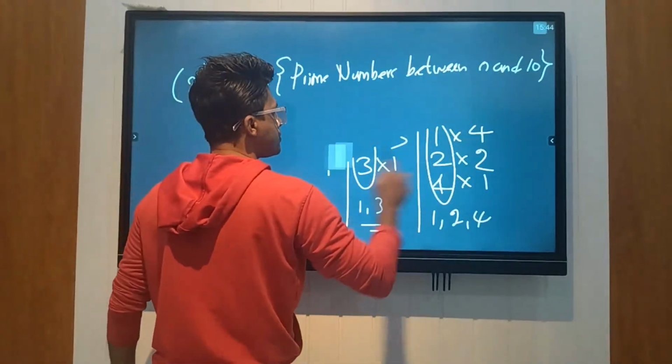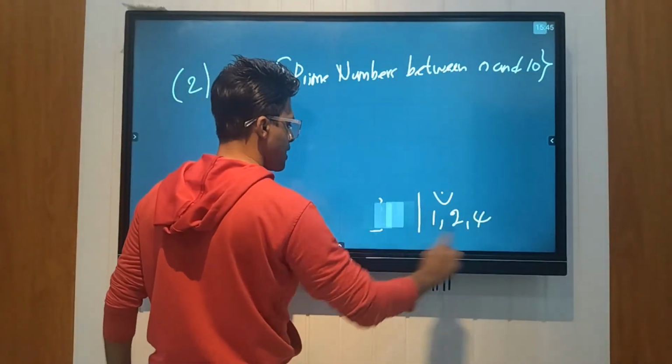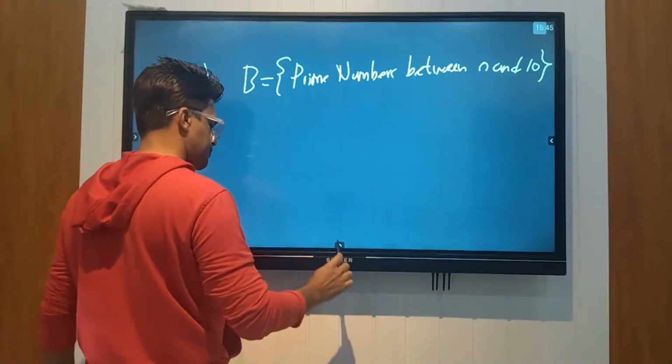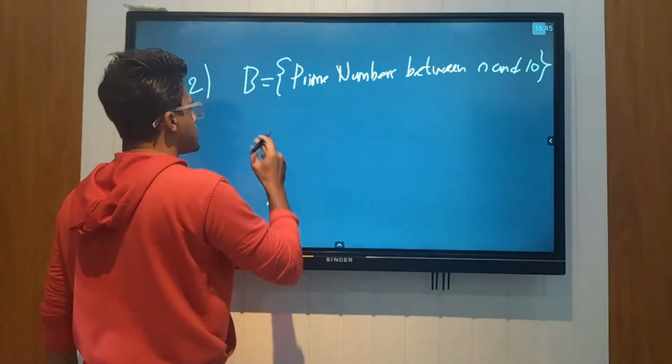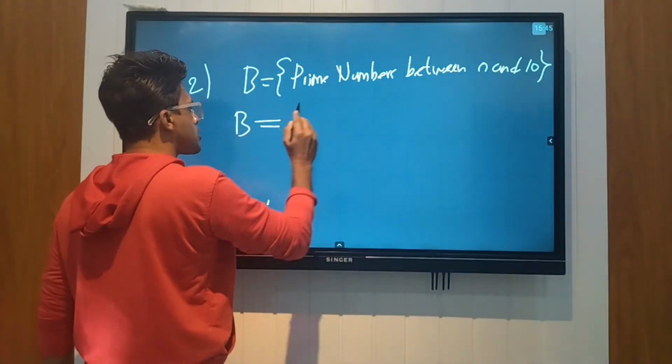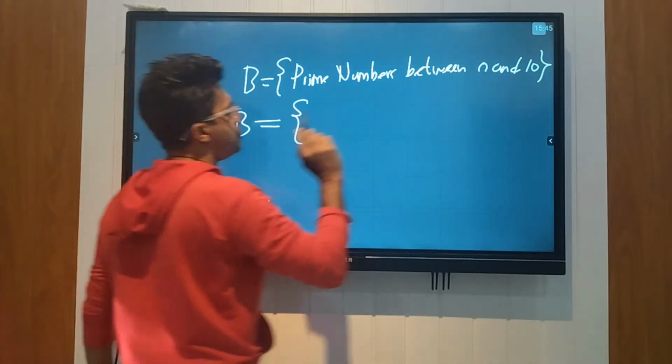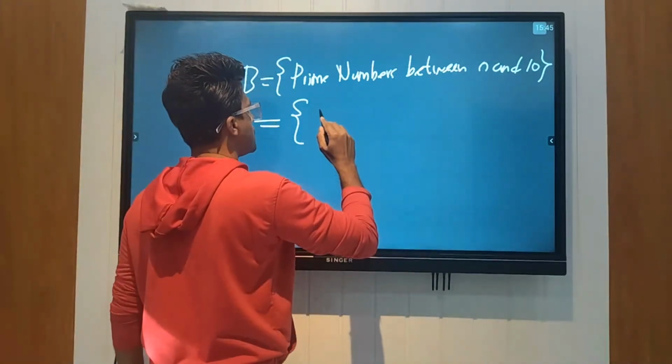So numbers between 0 and 10, we are going to write the elements of the set B. Prime numbers between 0 and 10.